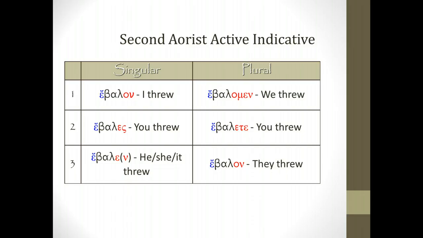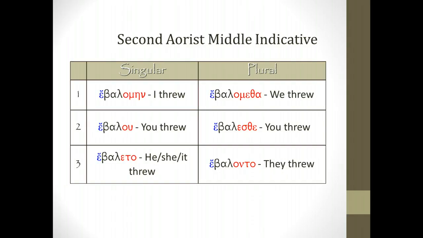Let's take a look at the second aorist middle indicative. Here we have ebalomen, which means I threw, but actually it should be I threw for myself. Pardon the mistranslation there, but what's more important here is to notice your endings.